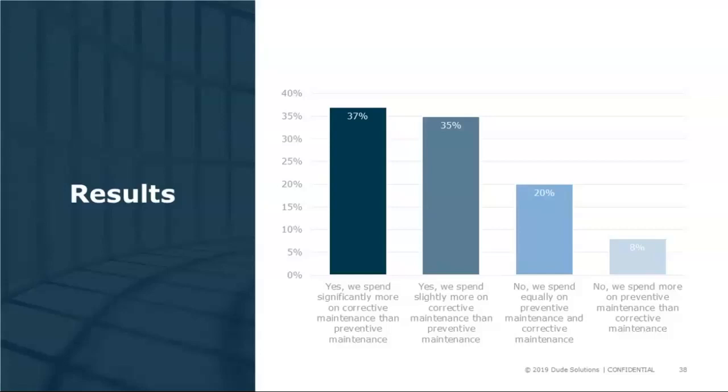So trying to make that shift into being more proactive, identifying through information about maintenance and operations and the data what preventative measures can be taken and what maintenance can be performed, can help reduce corrective maintenance and essentially bring down that cost.